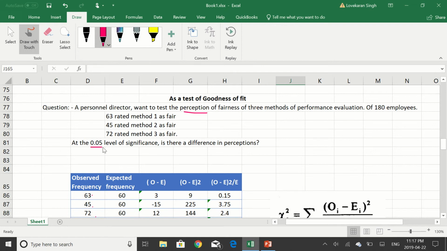At the 0.05 level of significance, we have to determine whether there is a difference in perceptions or not.